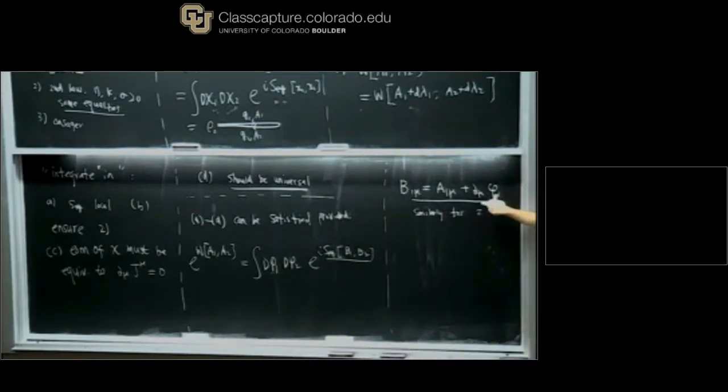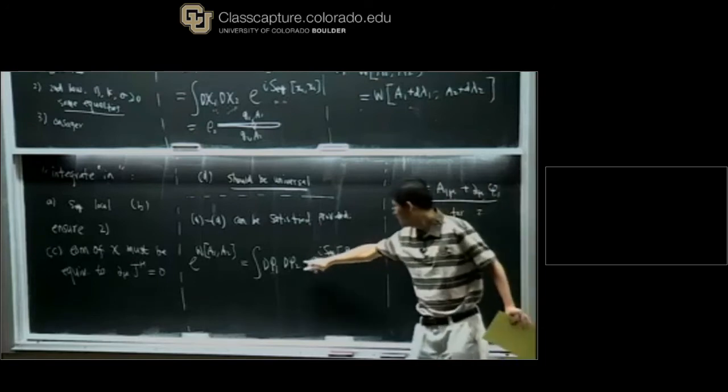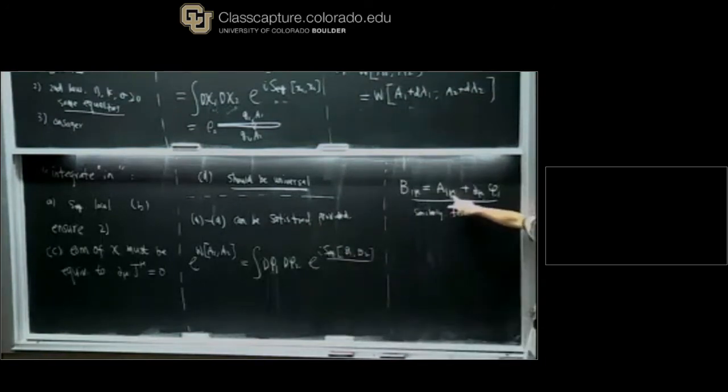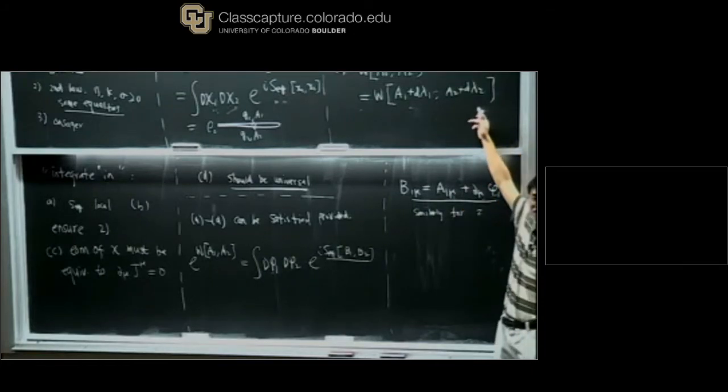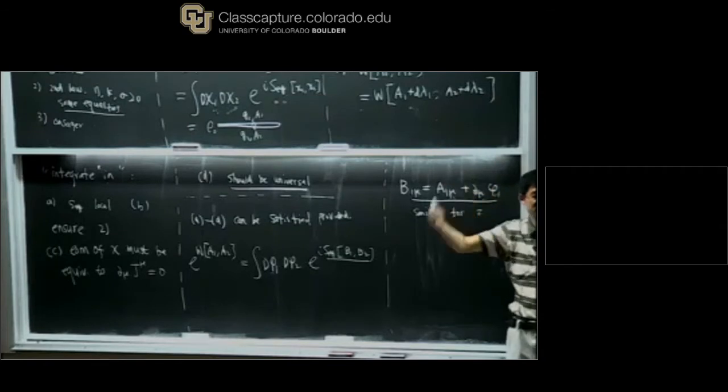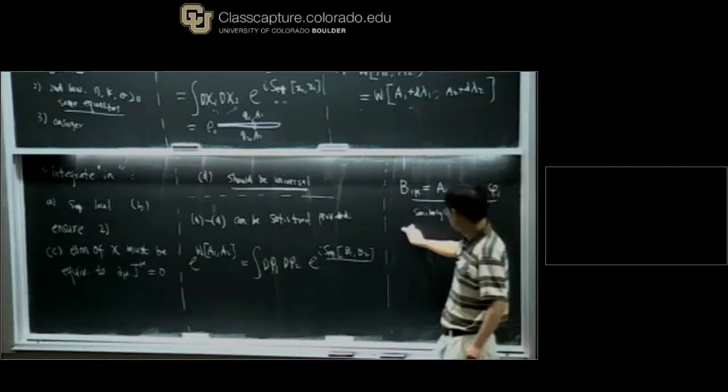It's because integrating over phi can be considered as integrating over all possible gauge transformations of A. Whenever you do a gauge transformation of A, you can always absorb it into phi, so of course this will be satisfied. It is automatically satisfied because you can just absorb it into phi. So 2 is satisfied.